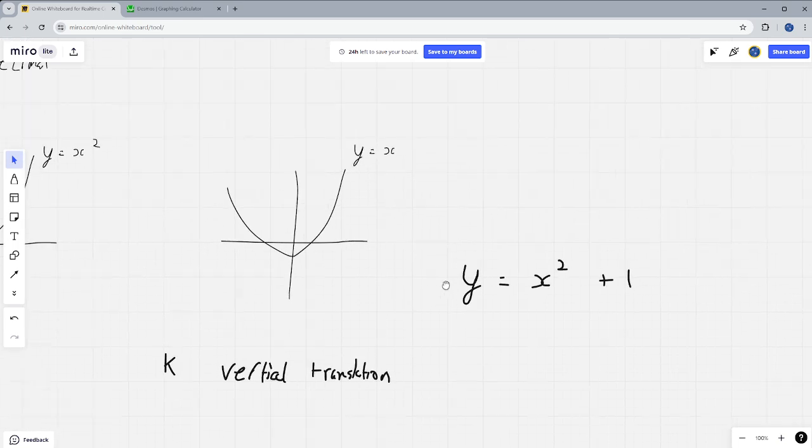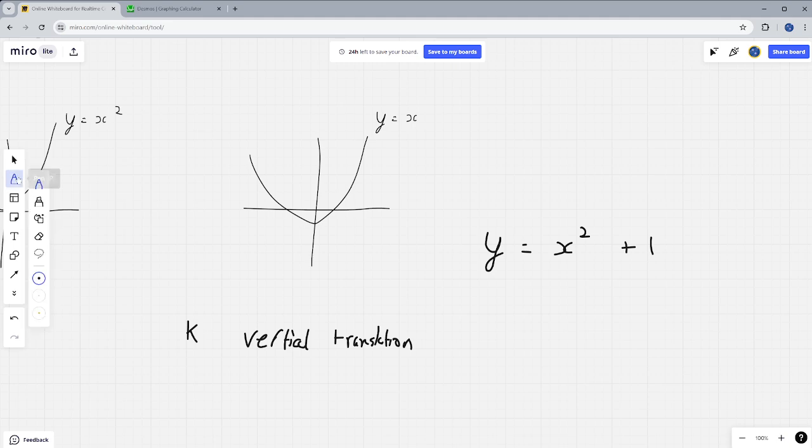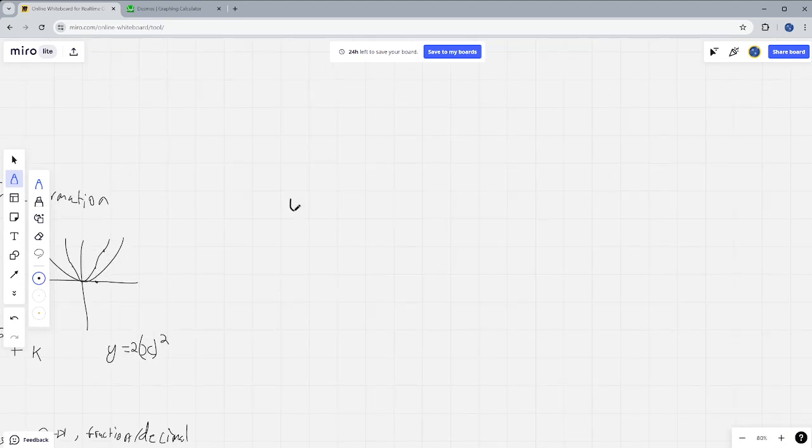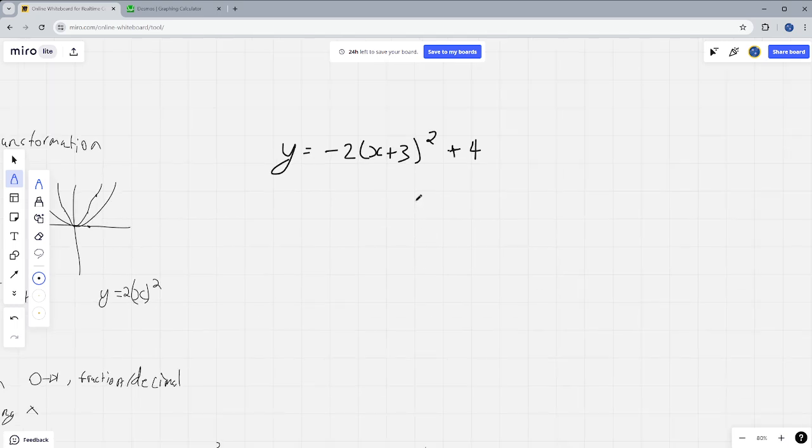So if we break these down, we can now look at a very complex equation, something like y equals -2 times (x plus 3) squared plus 4.